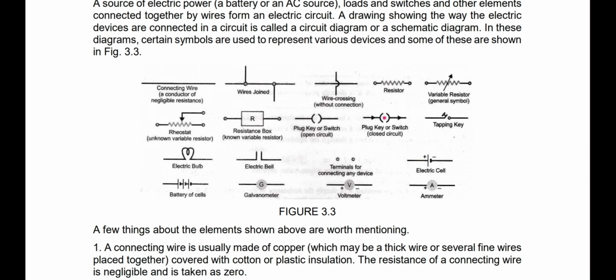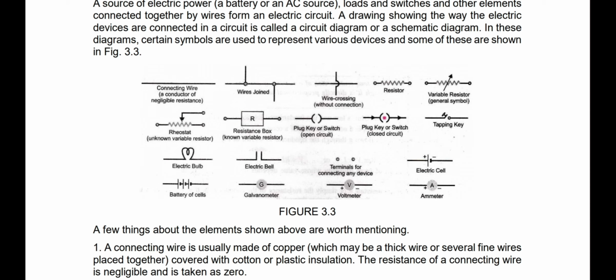Point 2 comes to resistors, rheostats and resistance boxes. These types of components also consist of wire, generally made up of alloys such as manganese and constantan. A resistor provides a constant resistance in the electric circuit.